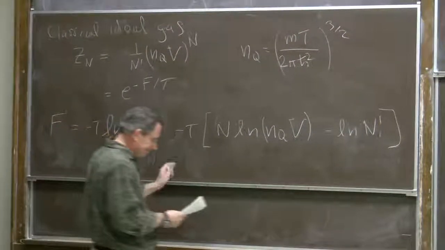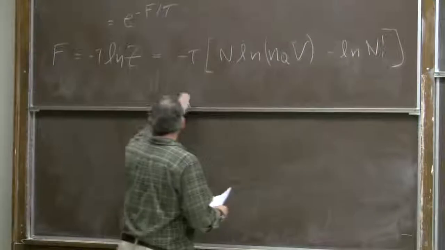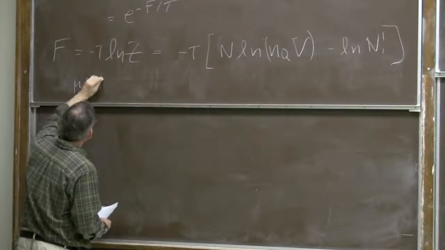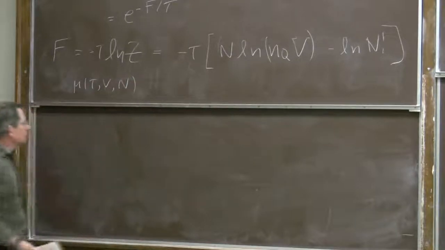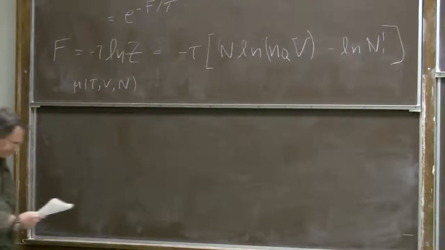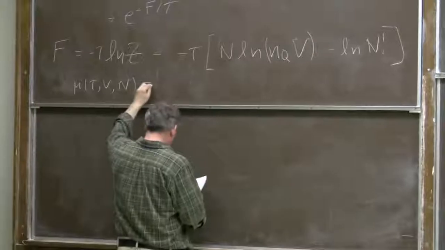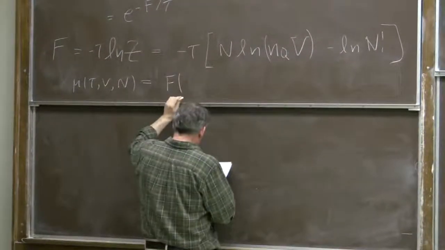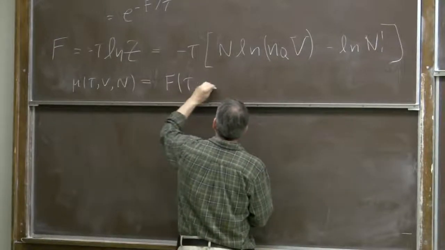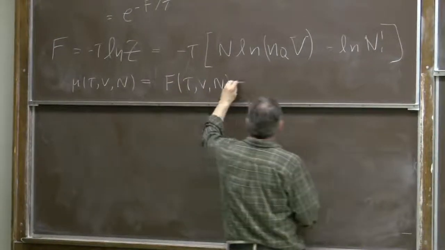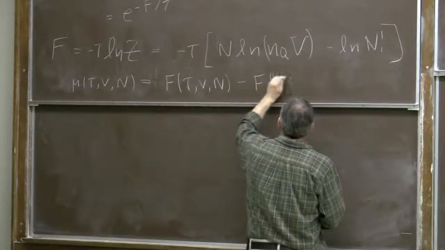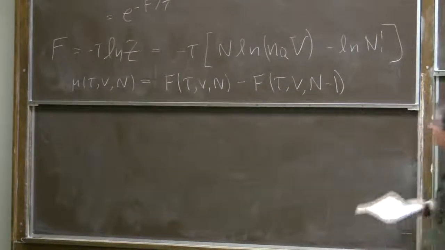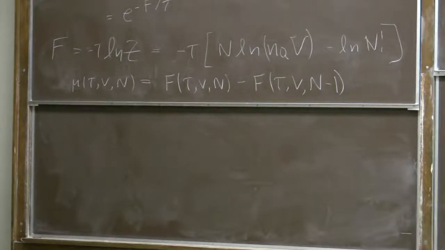So the chemical potential, as a function of temperature, volume, and number of particles, is the free energy when the particle number is N minus the free energy when the particle number is N minus 1.